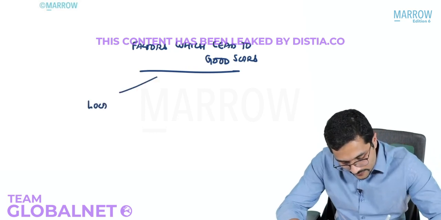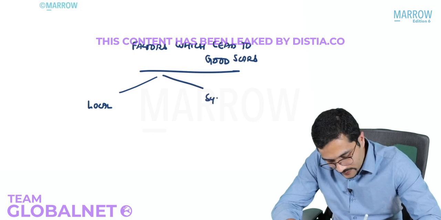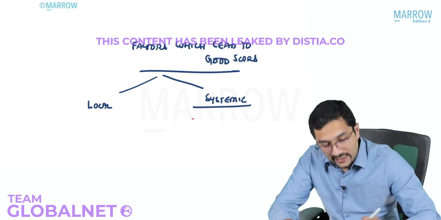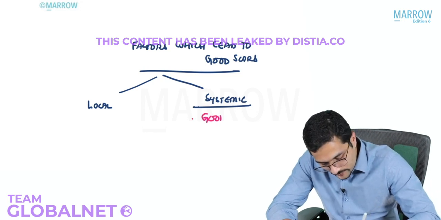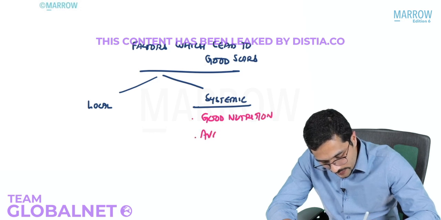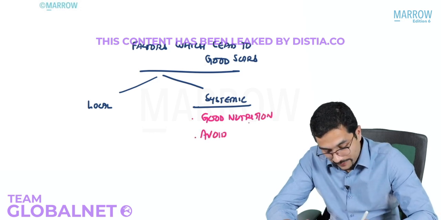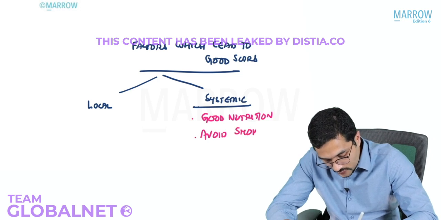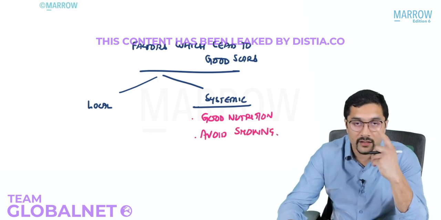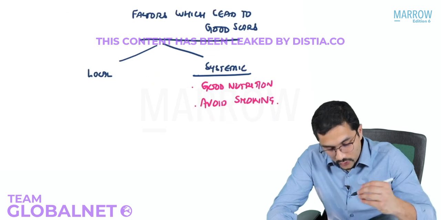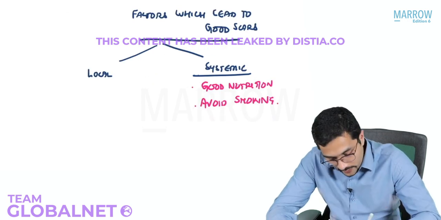Systemic factors would be good nutrition, and avoiding smoking. Another systemic cause which hampers wound healing is smoking. This can also affect the collagen synthesis. So good nutrition, avoidance of smoking.